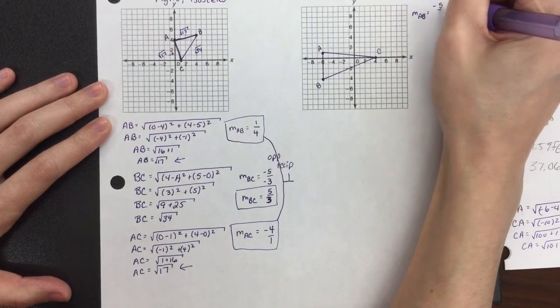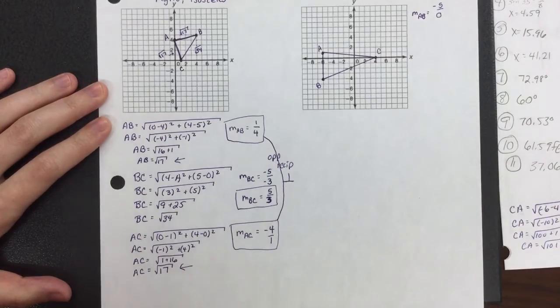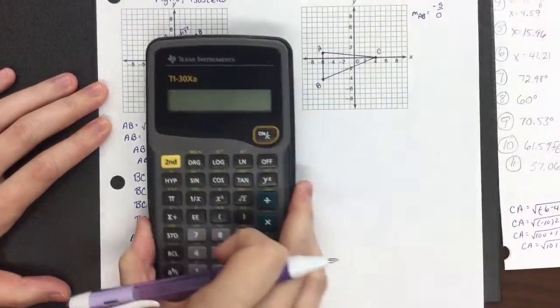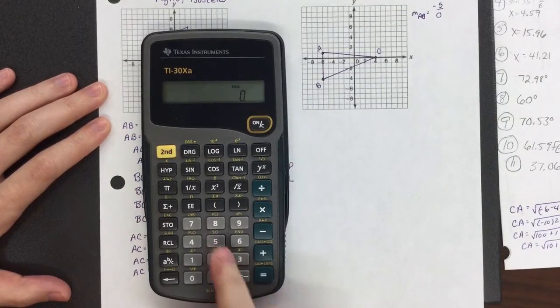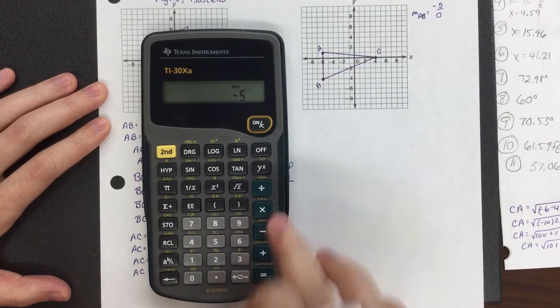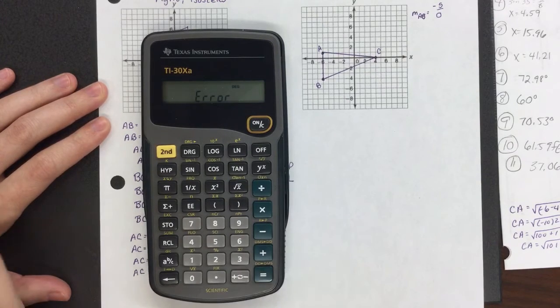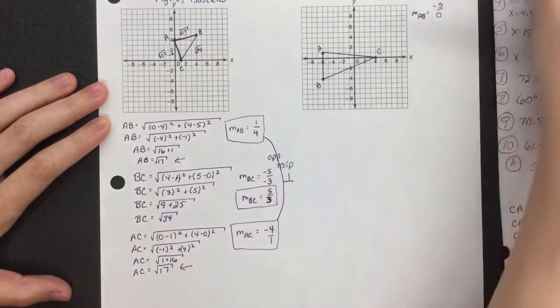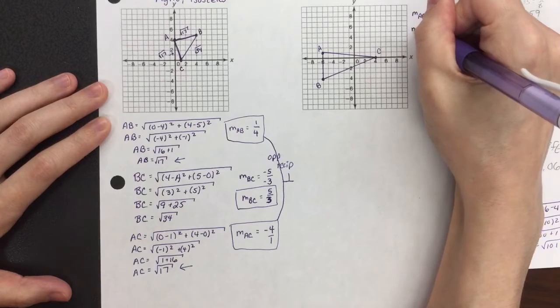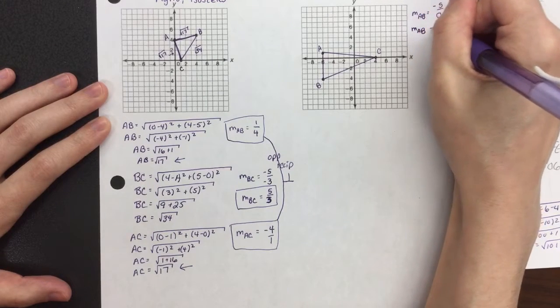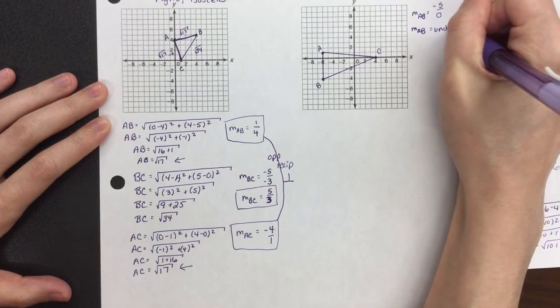So -5 over 0. And if you put this in your calculator it will give you some kind of an error message. See how it says error, or it'll say undefined or no domain. Pretty much if you end up with this, that means the slope is going to be undefined.